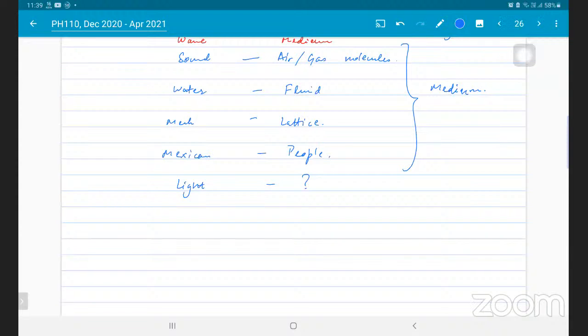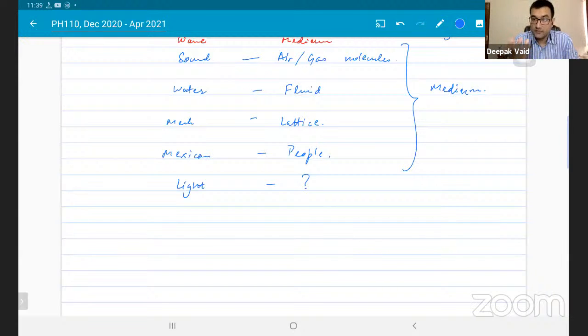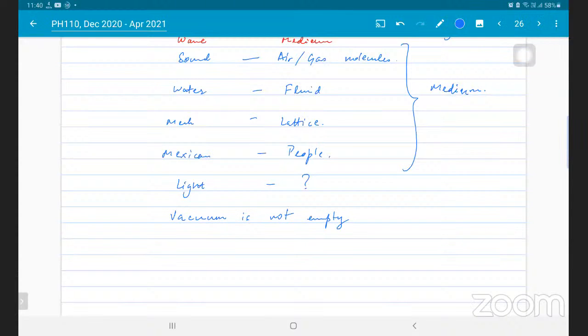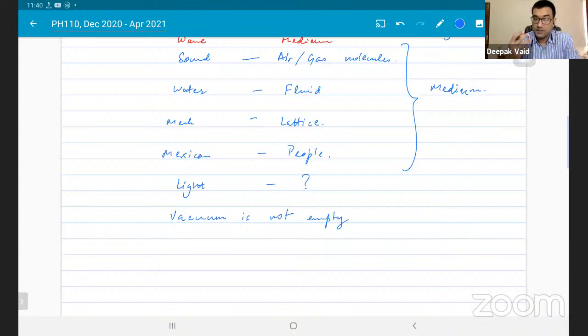we need to have some sort of medium, right? So maybe the vacuum is not empty. This is the idea: the vacuum is not empty. It is filled with something, but that something, you cannot touch it, you cannot see it, you cannot conduct any experiments really.